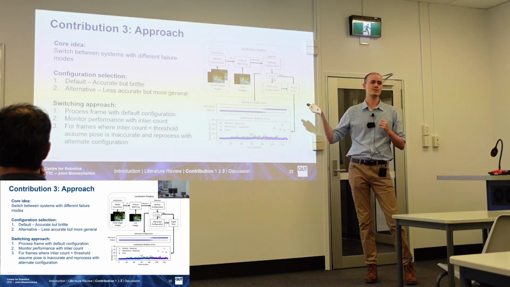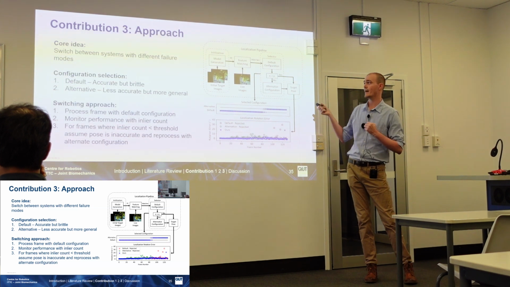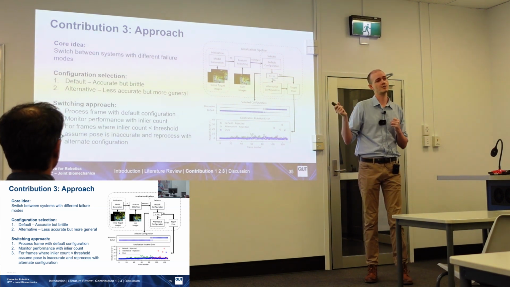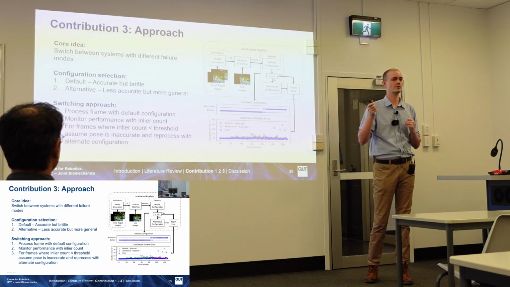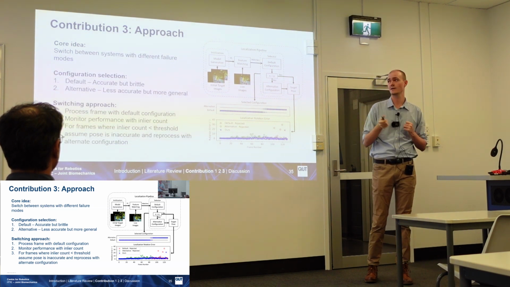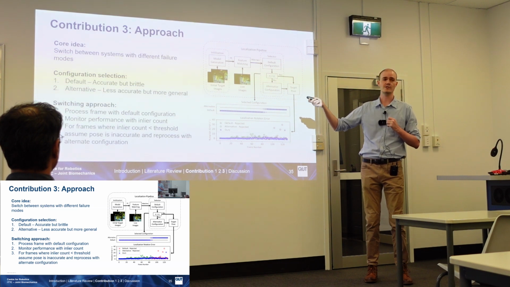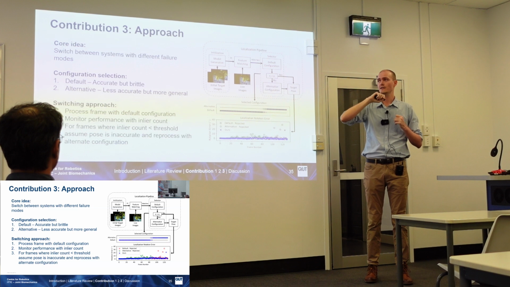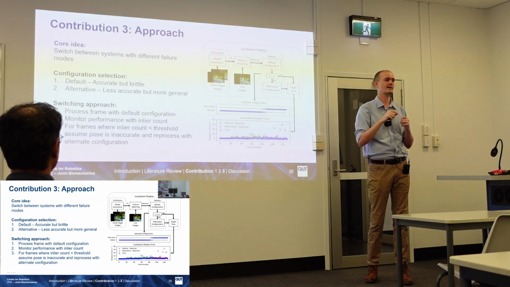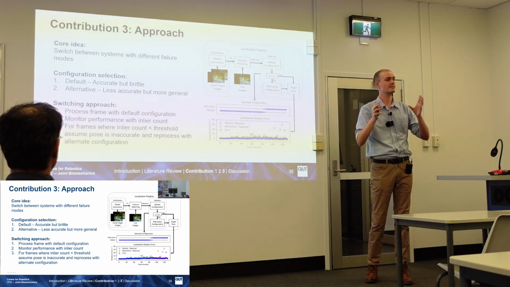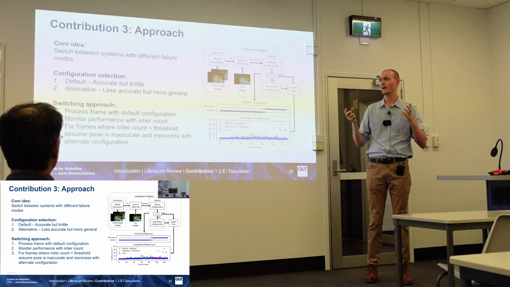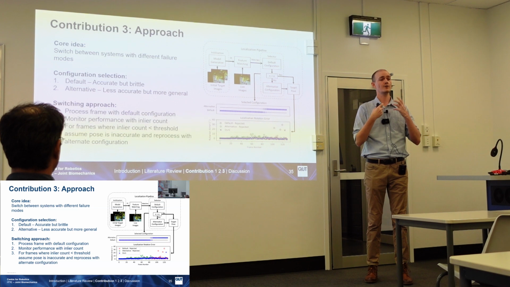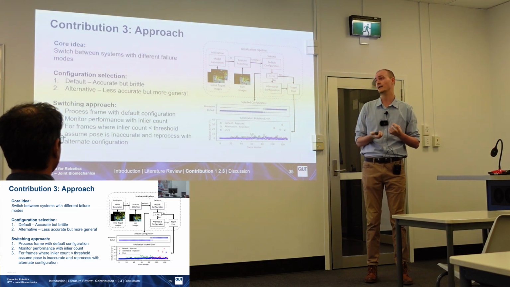Using the same 6 degree of freedom pose estimation system that we've used in our previous works, we achieve this by tuning our inlier-outlier threshold in our RANSAC loop. For our default configuration, we have a very low inlier-outlier threshold. This means that our RANSAC loop rejects a lot of correspondences, but when it has a sufficient number of correspondences to estimate pose, those pose estimates tend to be very accurate.